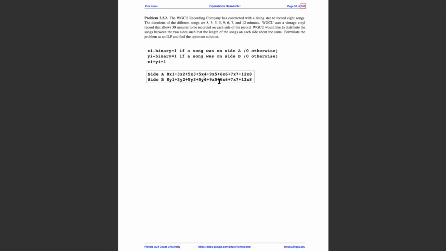And again, both of those sides need to be less or equal to 30 minutes. So those would technically be our subject to constraints.